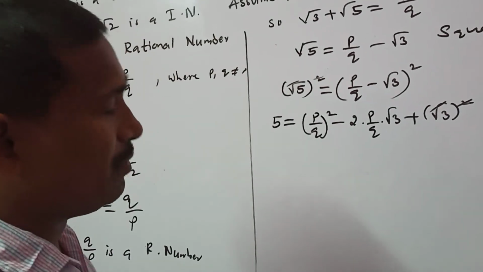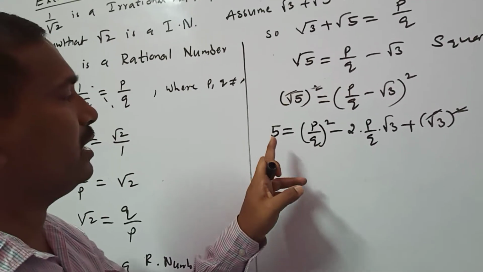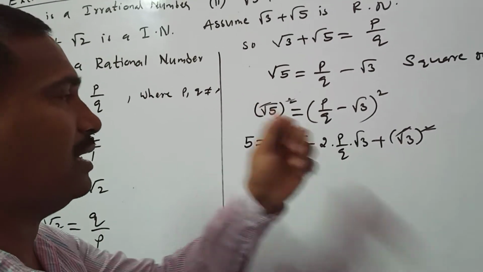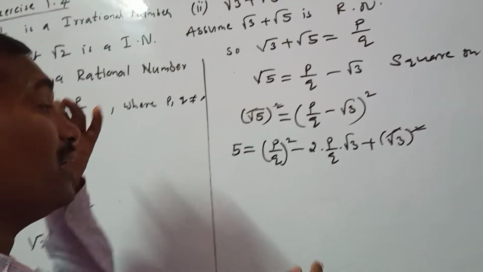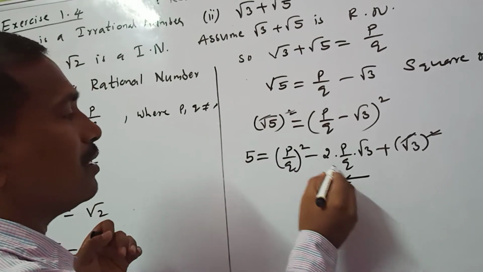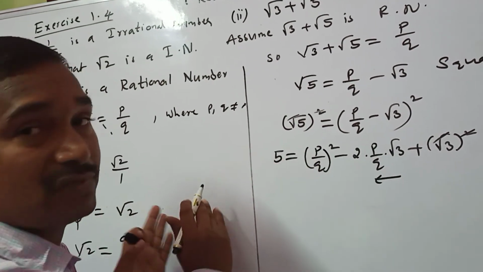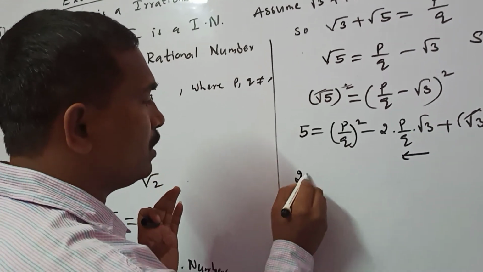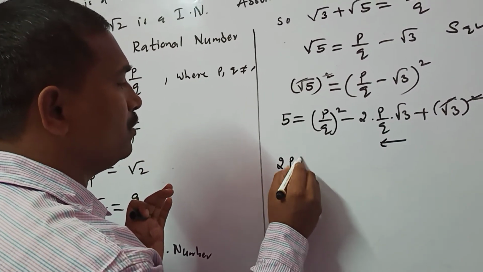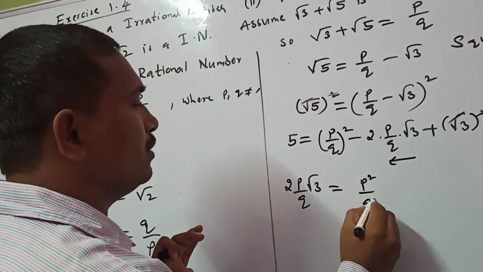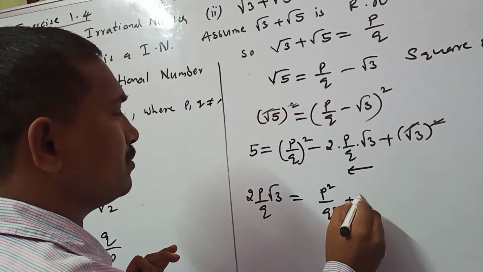Now let us simplify. Here this is a rational number, this is a rational number, this is irrational, this is rational. So transpose the irrational term to the left side. Minus transposed to the left side becomes plus, so 2p by q root 3 equal to p square by q square plus 3.